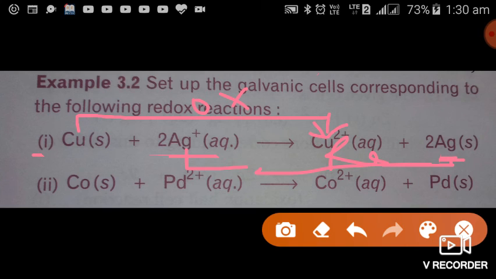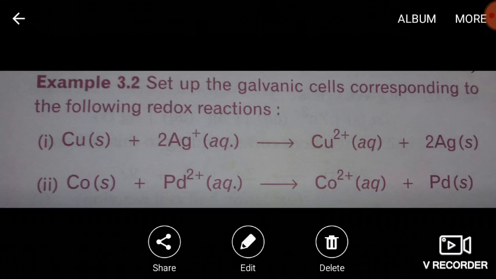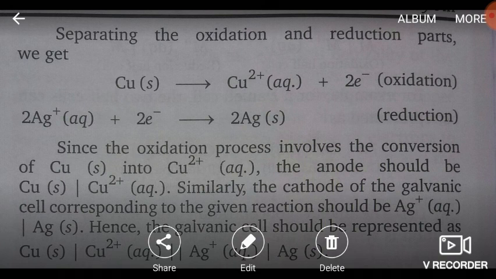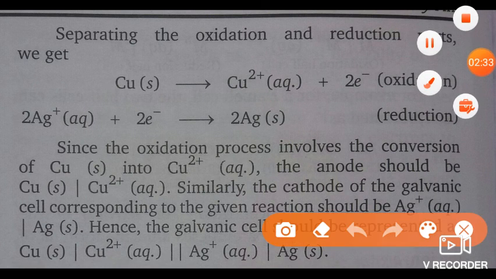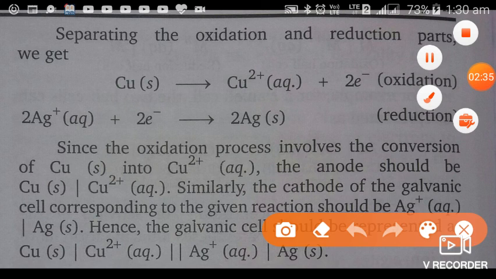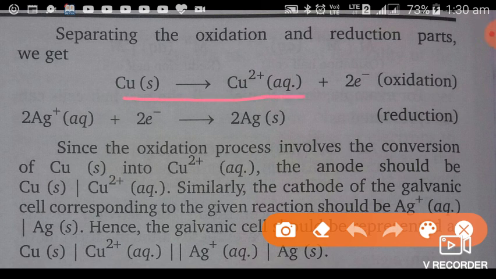Let me explain it in some detail. Watch and listen carefully. Come to the next page of this video. On this page, everything is explained stepwise. In this reaction, the half part, copper, is changing into copper ion plus electrons, meaning oxidation.